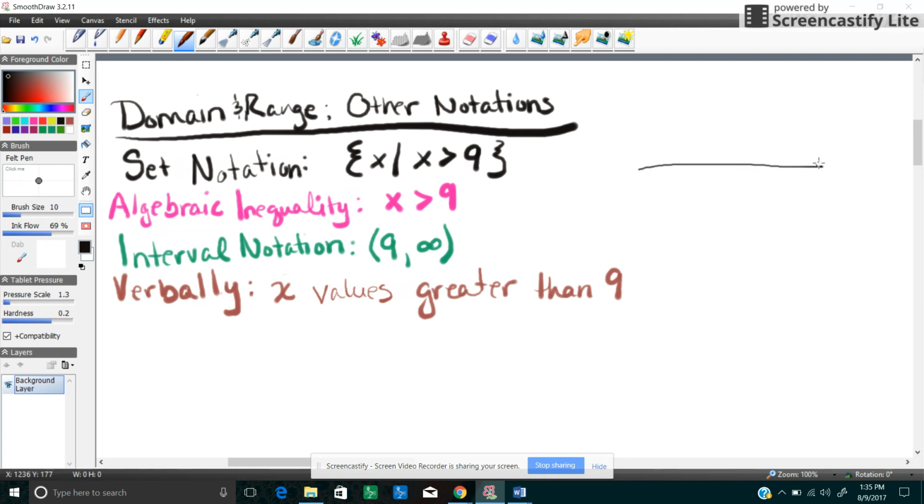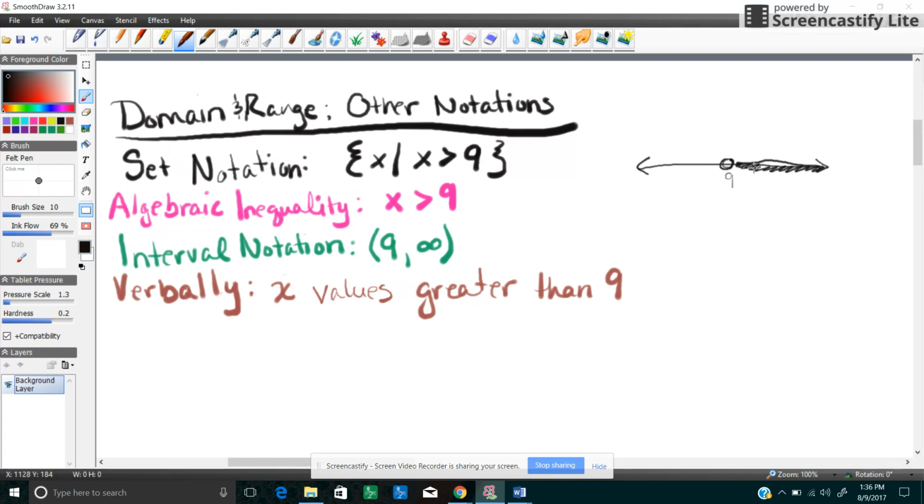We have the point 9, and because there's no line underneath, I know that it's an open circle. That's why I did not color it in. It says x is greater than 9, so that means I would be shading to the right.